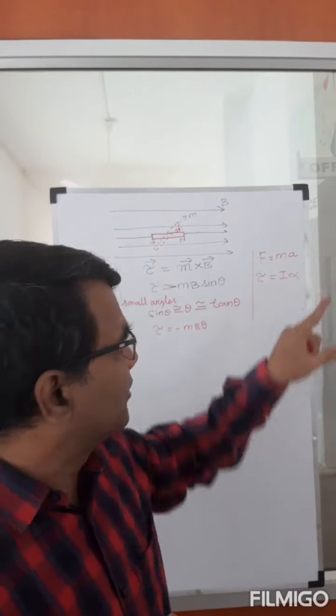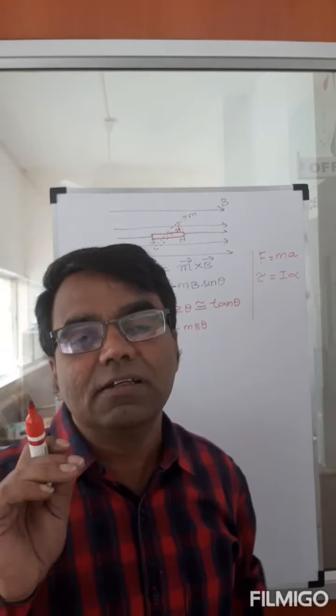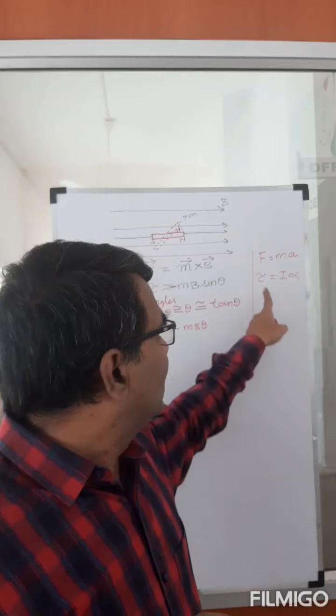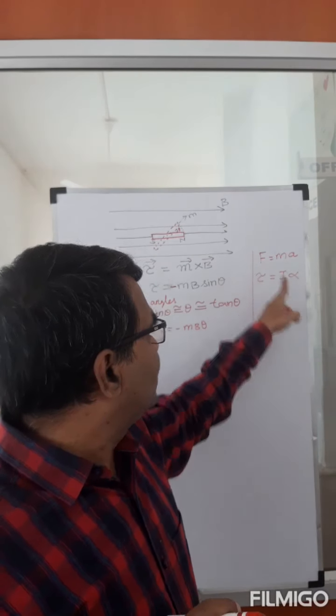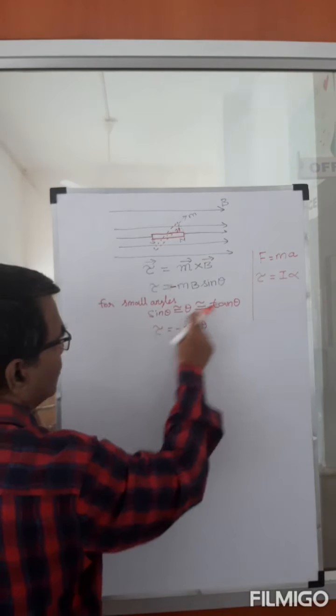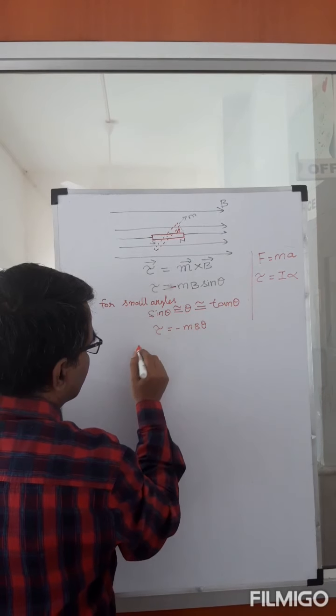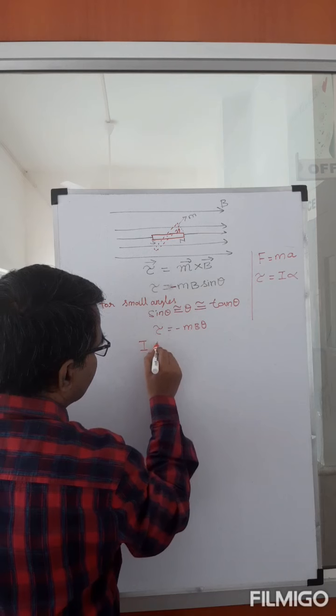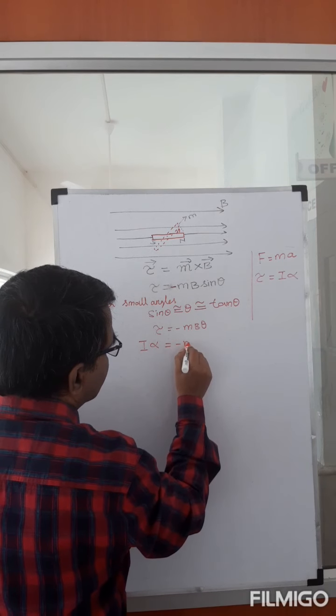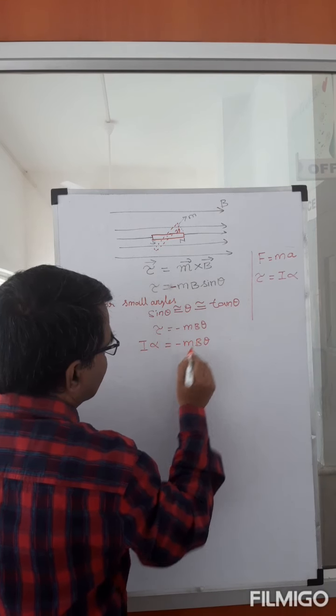I just want you to remember this: tau is equal to I alpha. Then this expression is what I'm going to make use of here. This will be I into alpha is equal to minus mB theta.